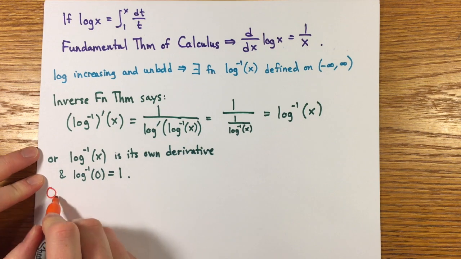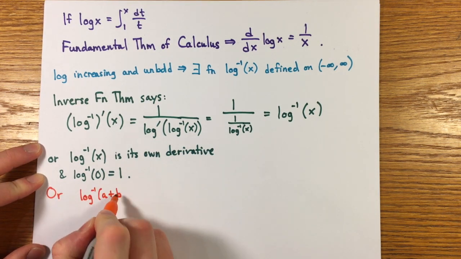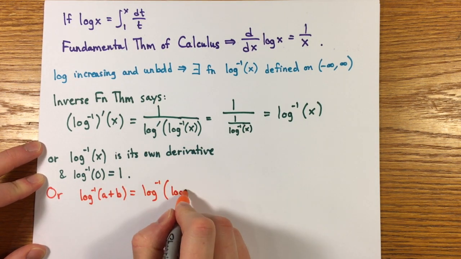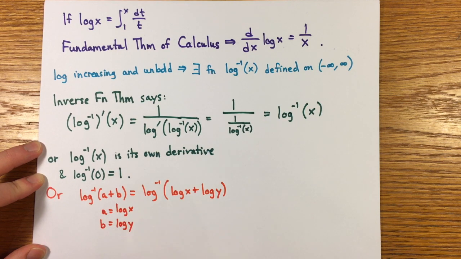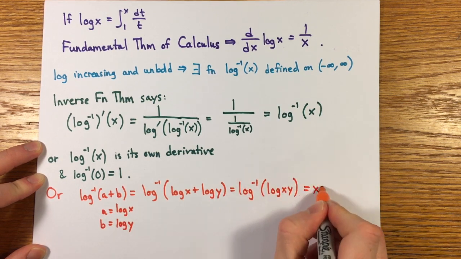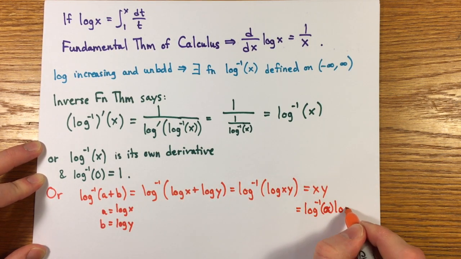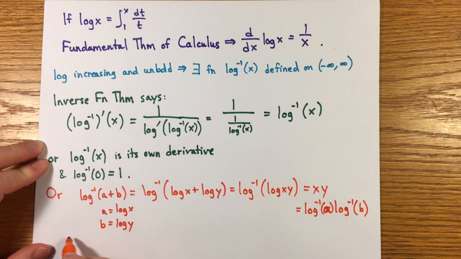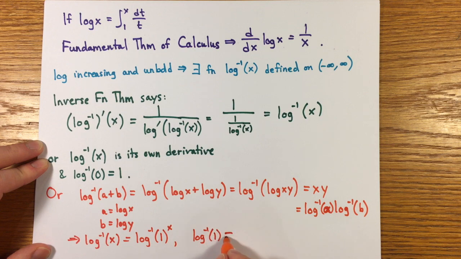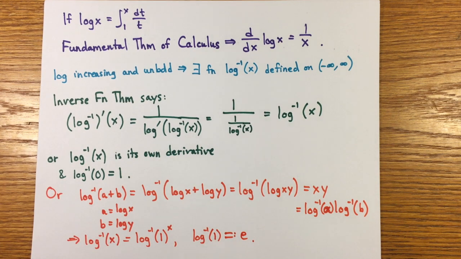Or you can establish that the inverse of log satisfies the additive multiplicative property by the reverse of the argument that we used before when we were introducing the logarithm as the inverse of the exponential function. Here, e equals log inverse of 1 is the value at which the area under 1 over x is 1.